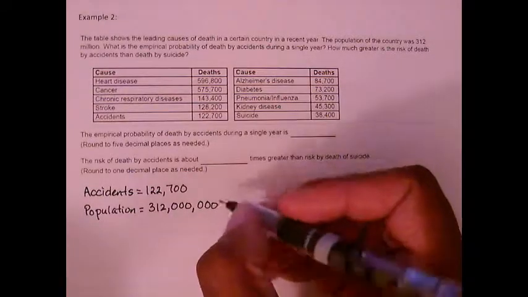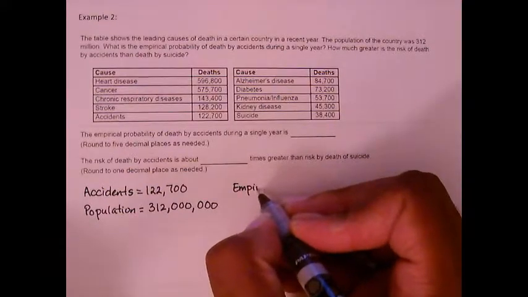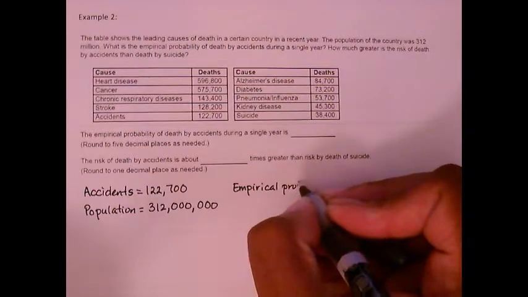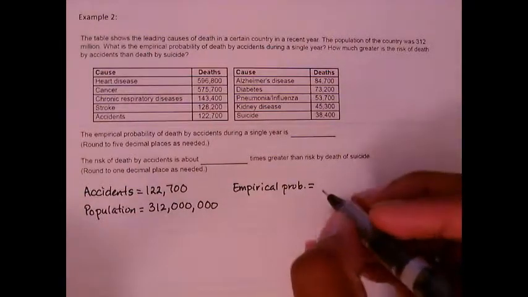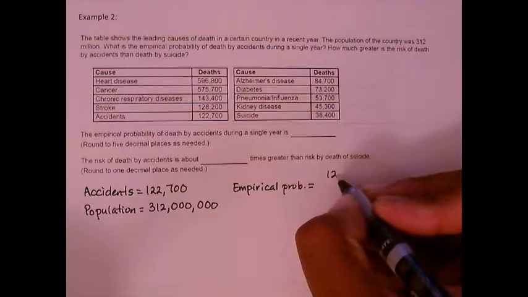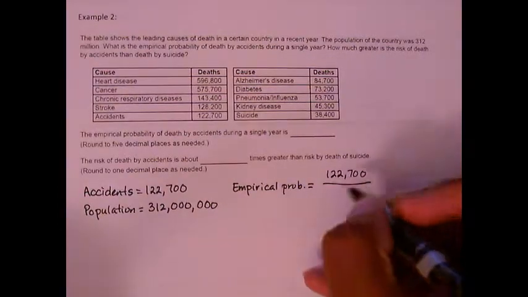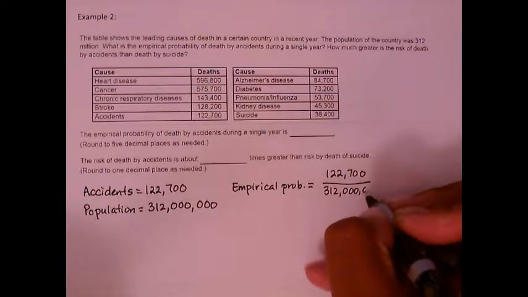Okay. So now to find the empirical probability of that, we take the number of accidents, which is 122,700, and divide that by 312 million.